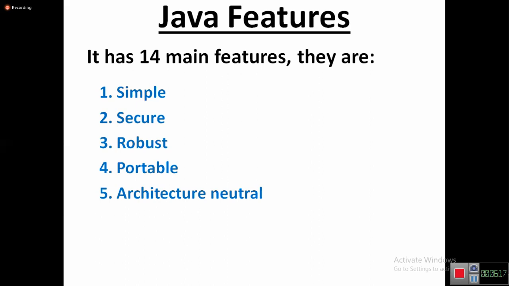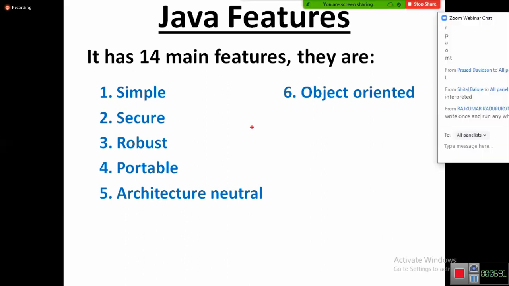Today let us continue with the next features. Object oriented. Java is an object oriented programming language. What is the meaning of object oriented? It is one style of programming. Suppose I want somebody to walk on the road. There is one style of walking: slowly he will go, one by one, step by step.